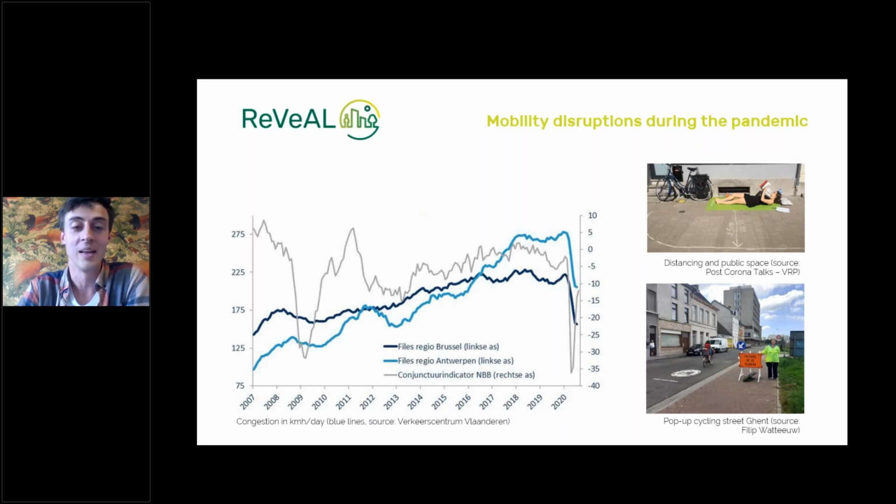First of all, mobility dropped during the recent lockdowns, but at the same time, and this is, as I learned last week, a typical European phenomenon, more roads have been redeveloped into spaces for active types of mobility. As you can see on the bottom right, a pop-up cycling street just a few blocks away from where I'm sitting now was redeveloped into a cycling lane.